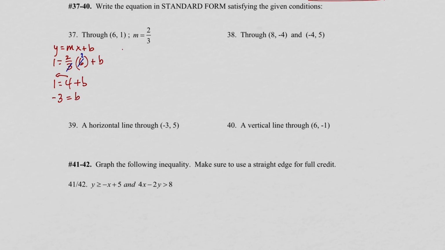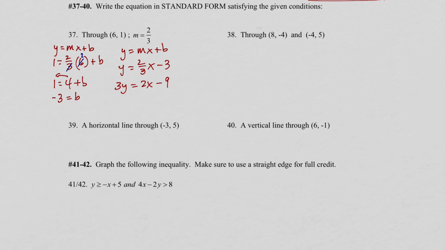Then we're going to start with y equals mx plus b again. Now we have our m that was given, and we have our b. We just solved it. This is the answer in slope-intercept, but we want it in standard. So I'm first going to multiply everything by 3 to get rid of this fraction. So I'll get 3y is equal to 2x minus 9.